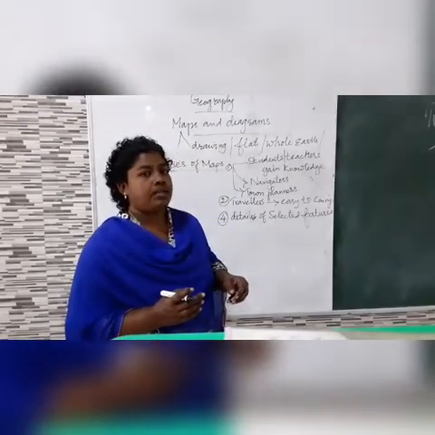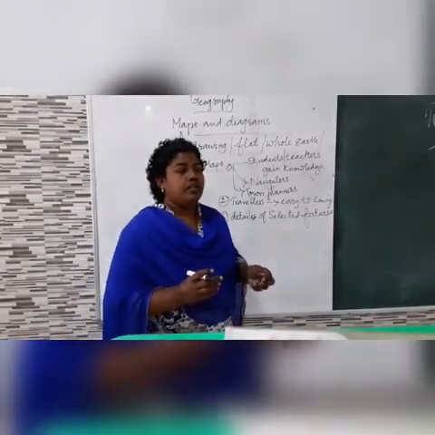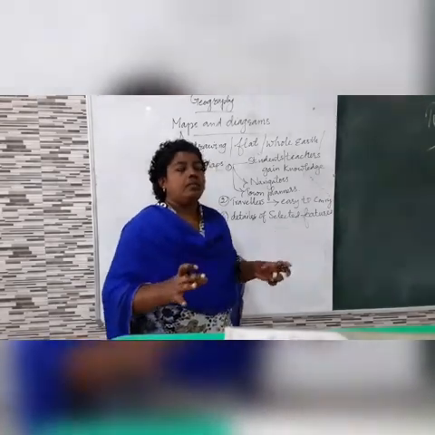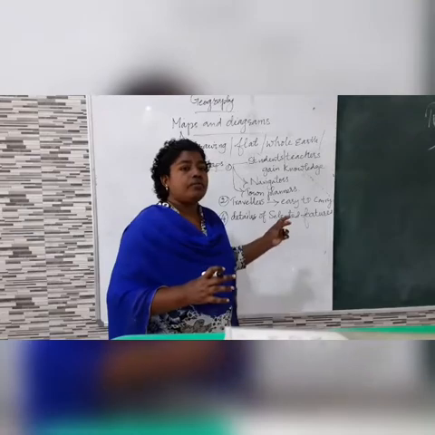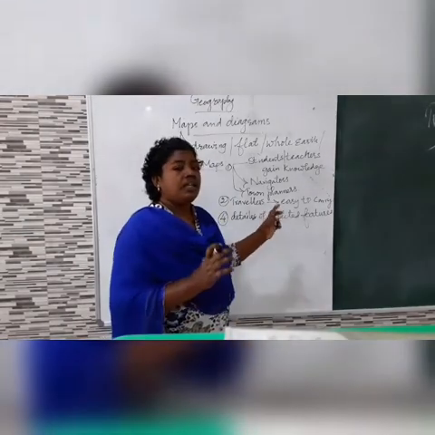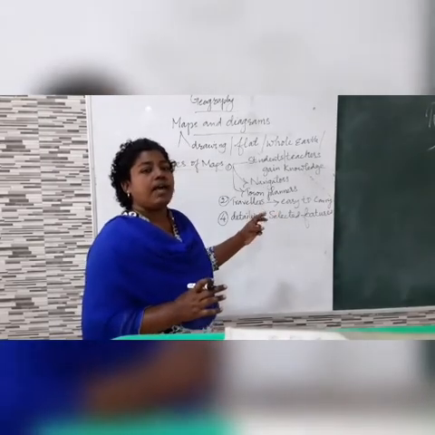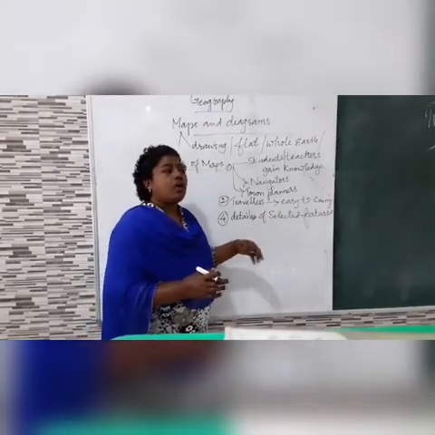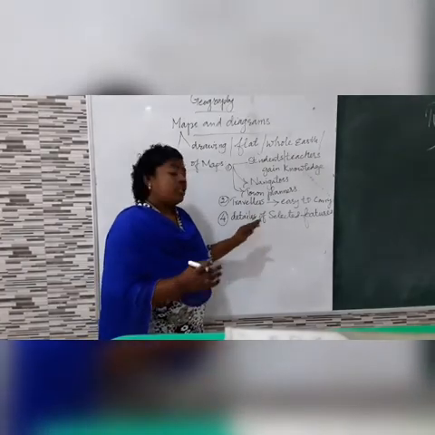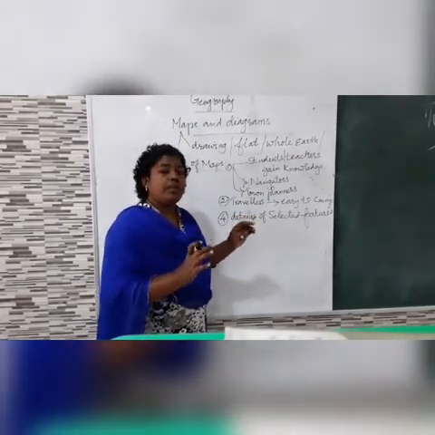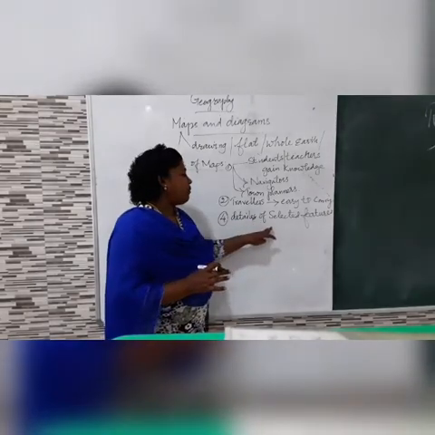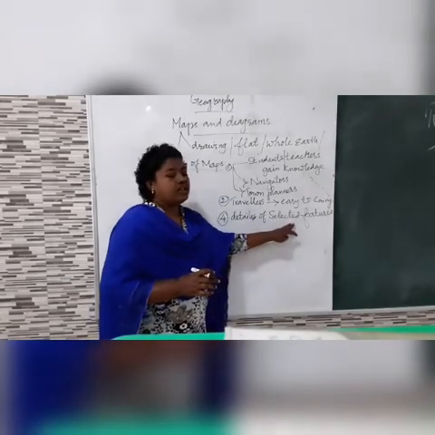The thematic map is there, is it? If the areas show the distribution of crops, what do we call it? Thematic map. Only in this kind of map can we find the distribution of crops or climatic condition. In that case, it gives us only the particular types of things. So it gives detailed information for the selected areas.